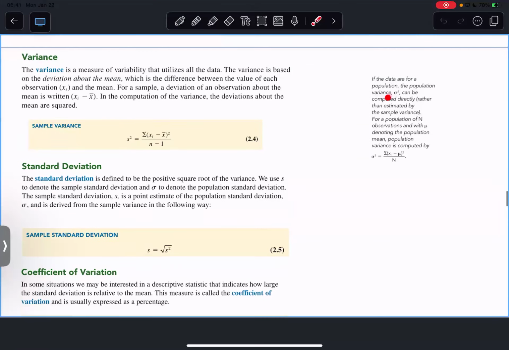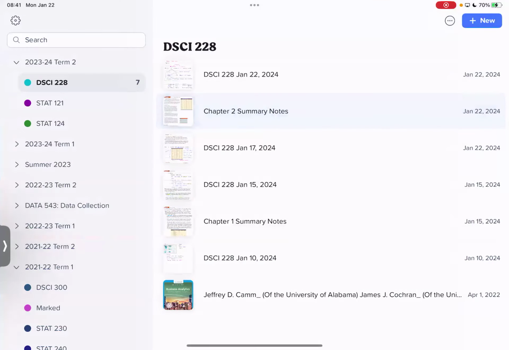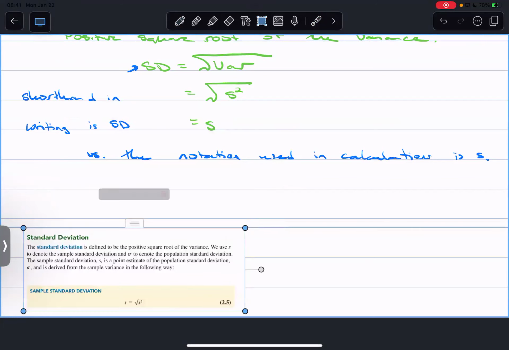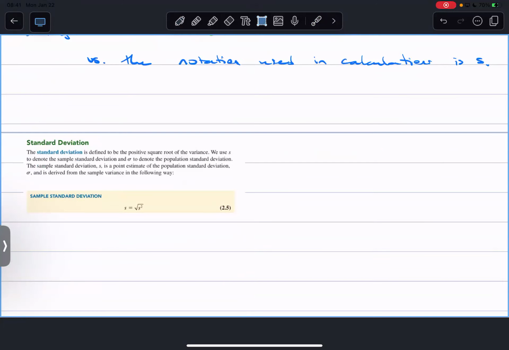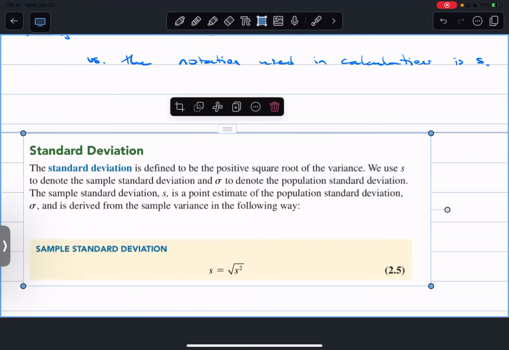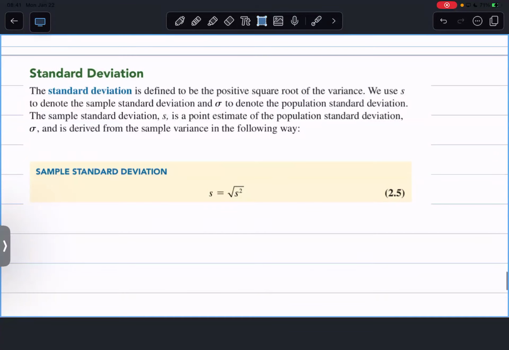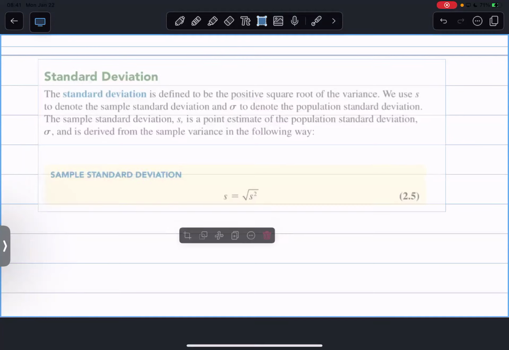And there are tiny little notes about the population, but you're never going to calculate anything about the population. If you have information about the population, then what's the point of taking a sample of that population and trying to figure out what the population looks like, which is what we're going to be doing? If you have the population, then you're done. You can draw firm conclusions about the population and know everything about it.